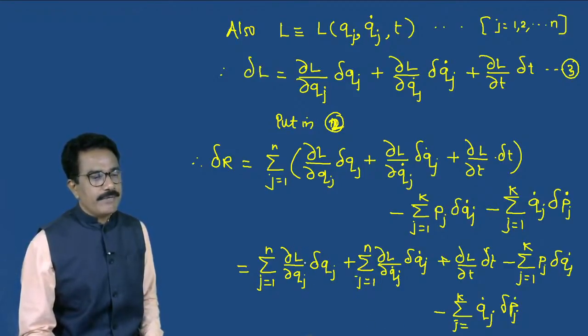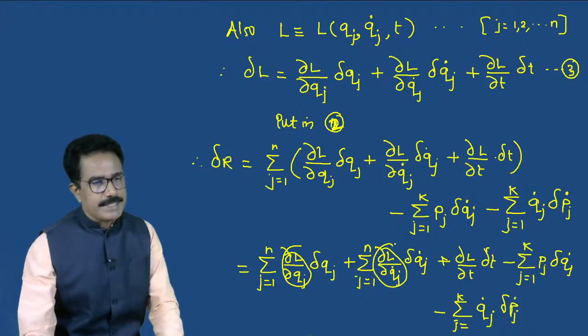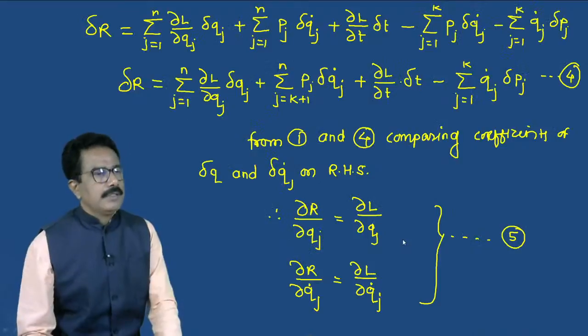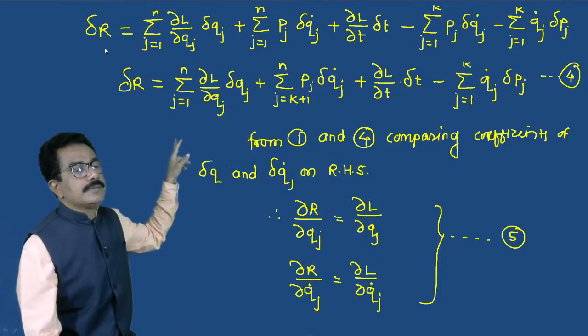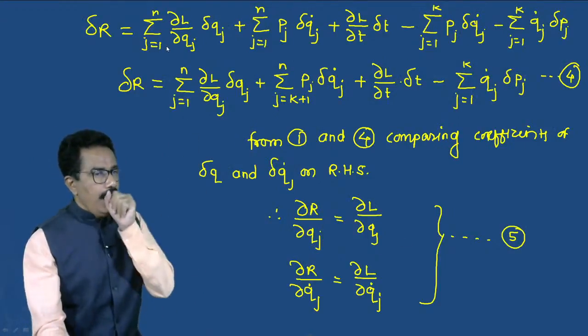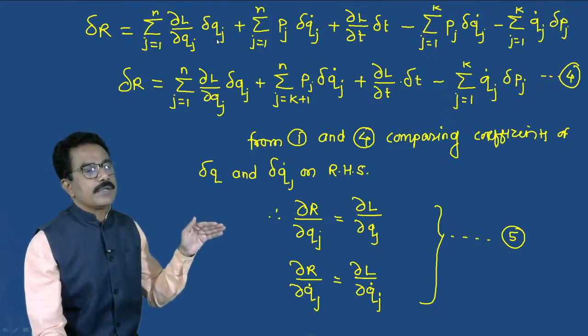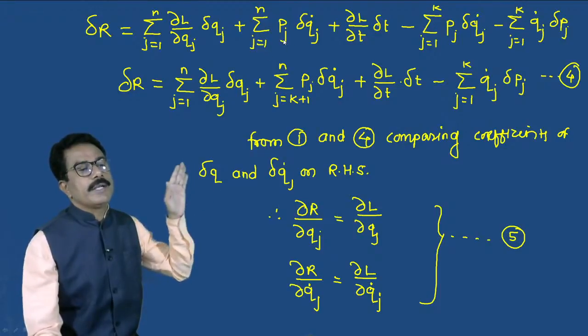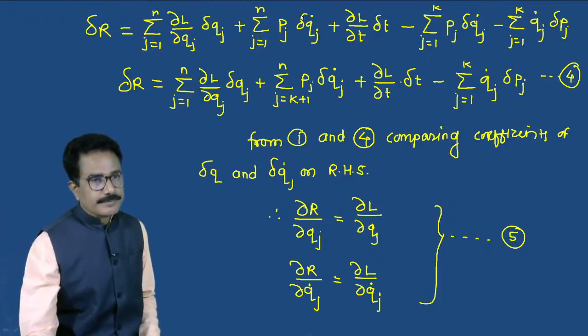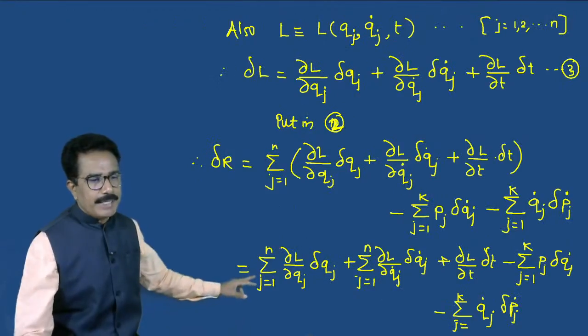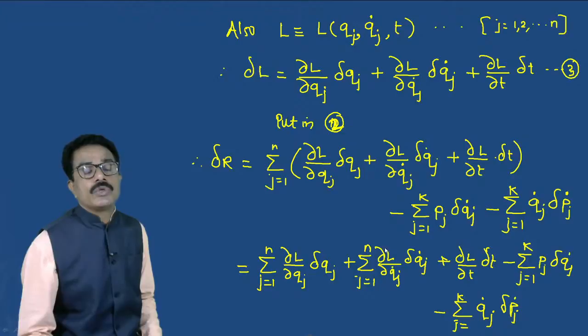Now replace this according to the Hamiltonian canonical form. We can replace these two values. How do we replace here? So delta R equals summation over j equals 1 to n dou L by dou qj into delta qj, plus summation over j equals 1 to n pj into delta qj dot. Here we replaced dou L by dou qj dot.